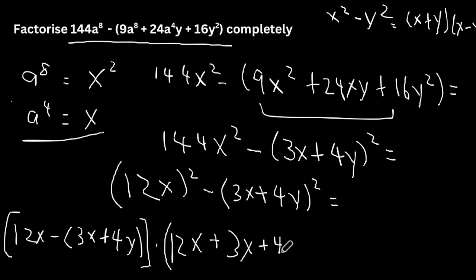And the answer is 12x minus 3x is 9x, minus multiplied by plus gives me minus, so I put here minus 4y.